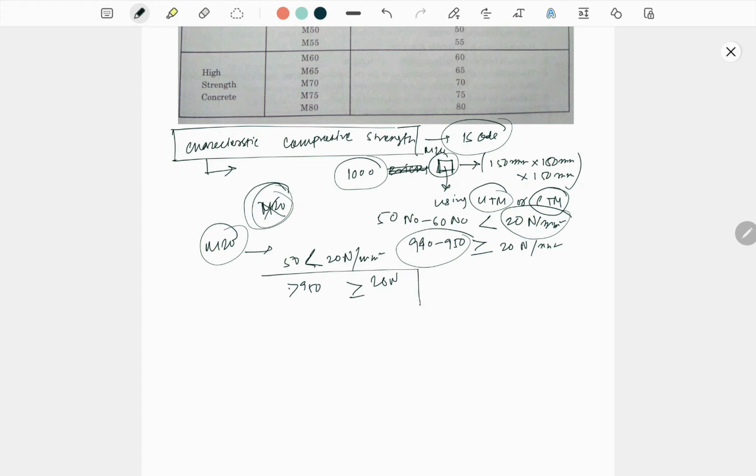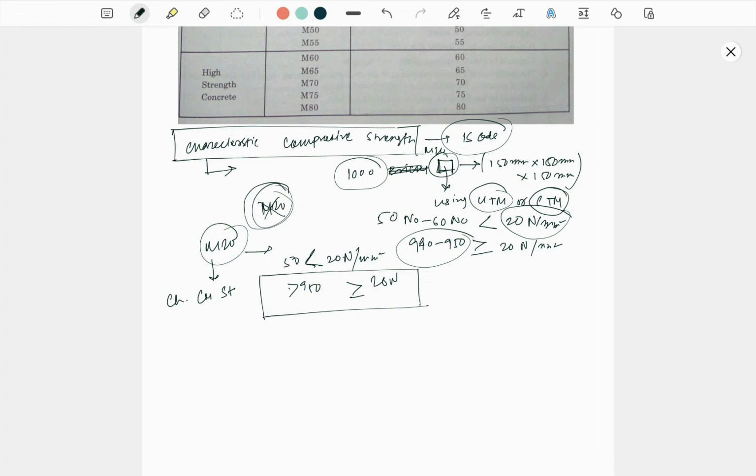In that particular scenario, I can say this M20 is the characteristic compressive strength. I hope that will be clear.